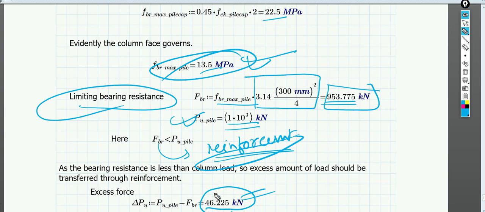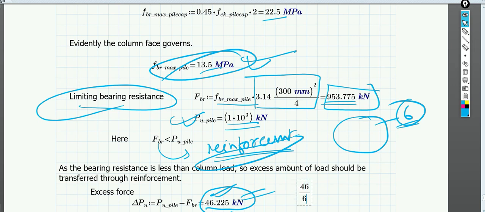But as the load is very less, in case of a pile, minimum 6 bars is the minimum, that means this many bars are required. So if you divide the total 46 kilonewton by 6, it comes out to be around 7 kilonewton, and if you divide it by the cross sectional area, it will convert to stresses, and you will see the stress is very less.